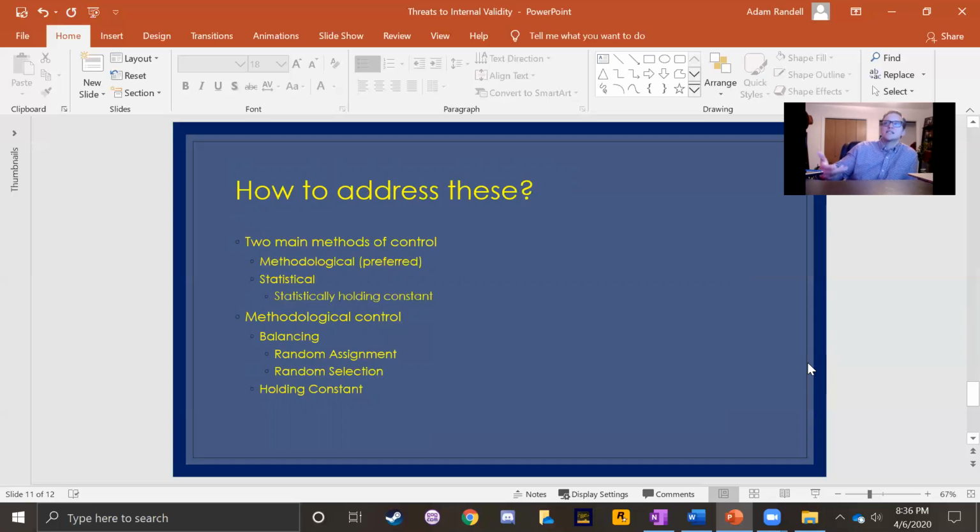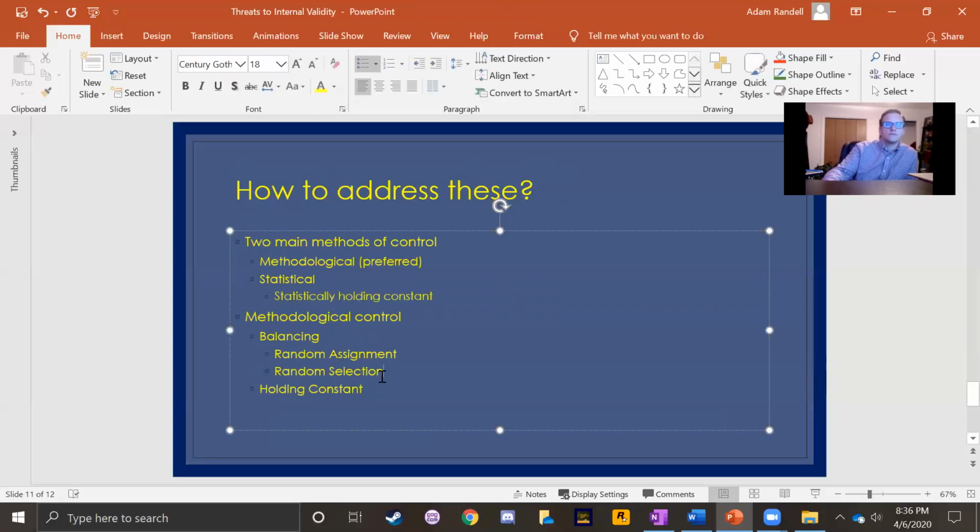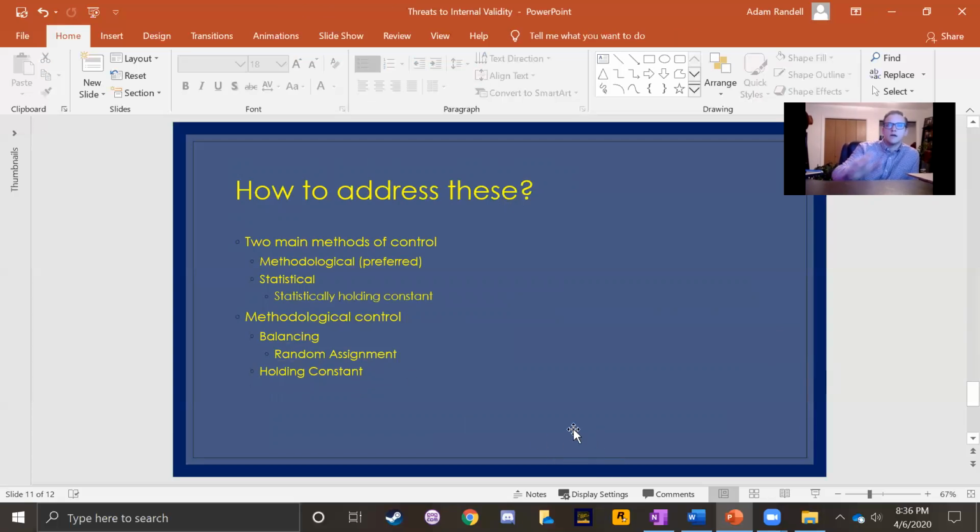Basically, we would statistically treat everyone as if they were equivalent on that variable. But methodological control is always preferred. And the two principal methods of methodological control are balancing, so random assignment, and holding constant, okay?